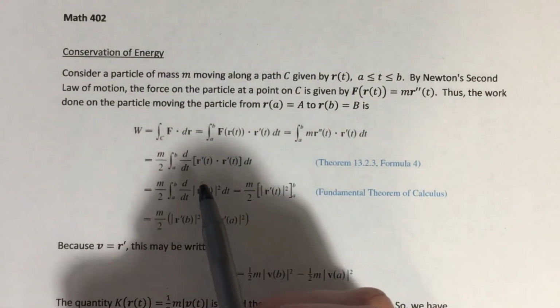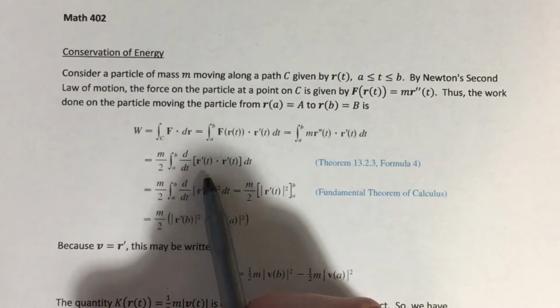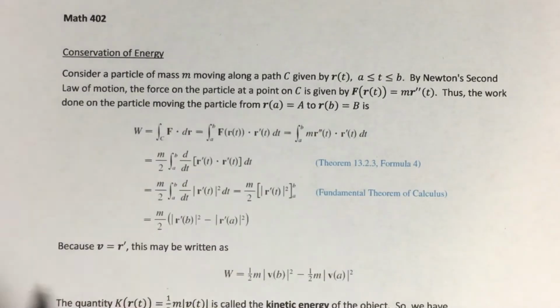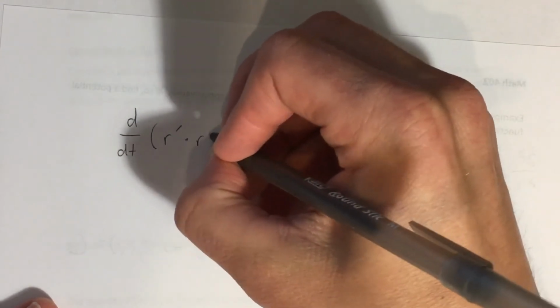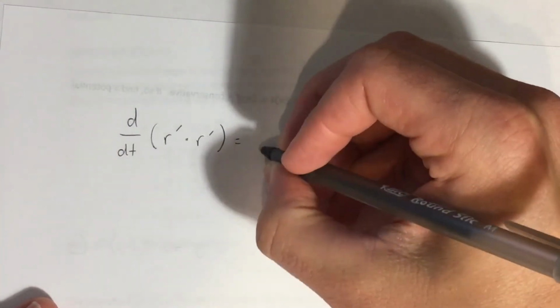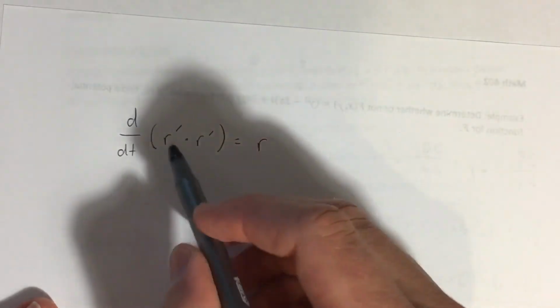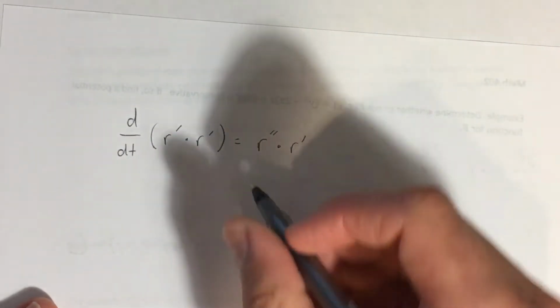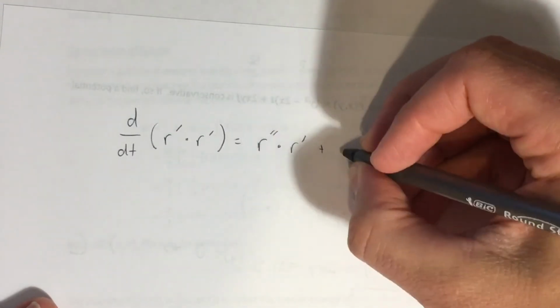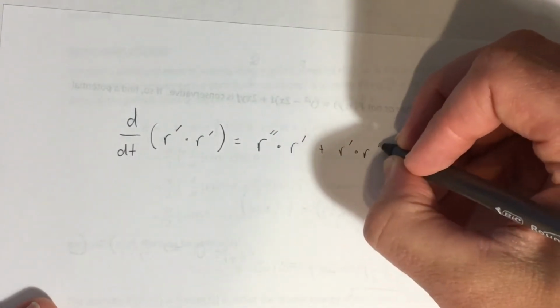So if I wanted to go backwards, d dt of r prime of t dot r prime of t. If I was going to evaluate d dt of r prime dot r prime, from our product rule, we know that I could take the derivative of the first, which would be r double prime dot r prime, plus the derivative of the second, so r prime dot r double prime.